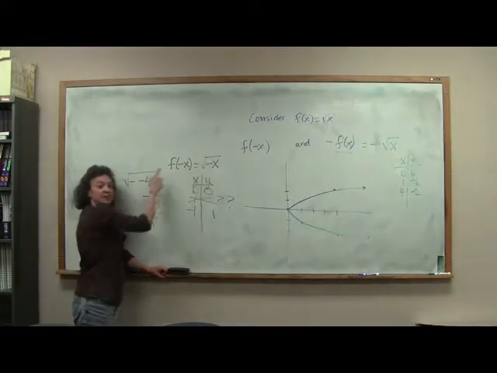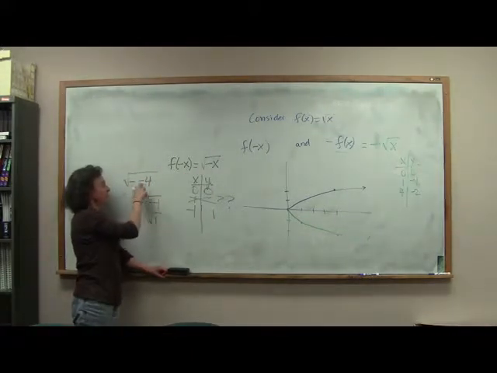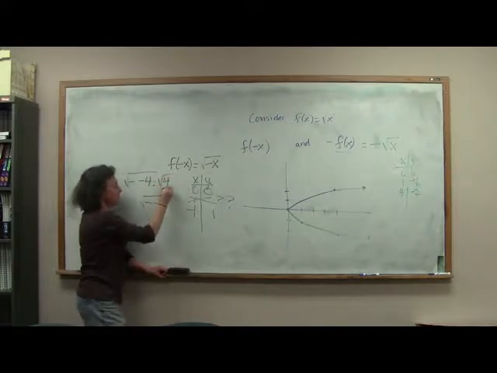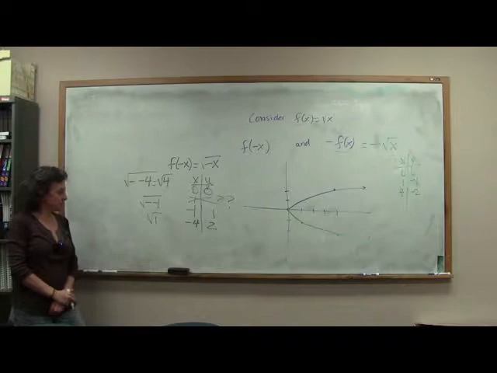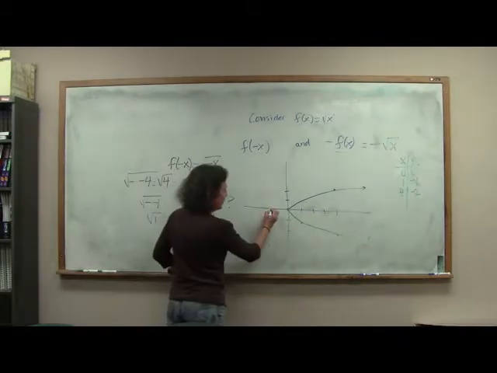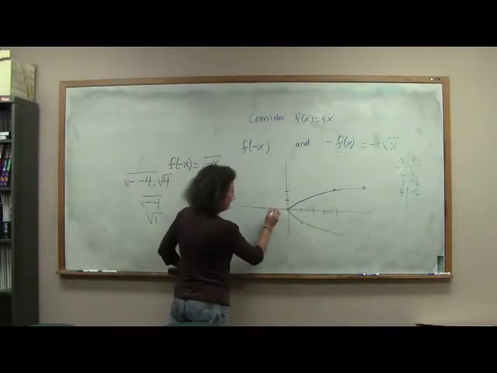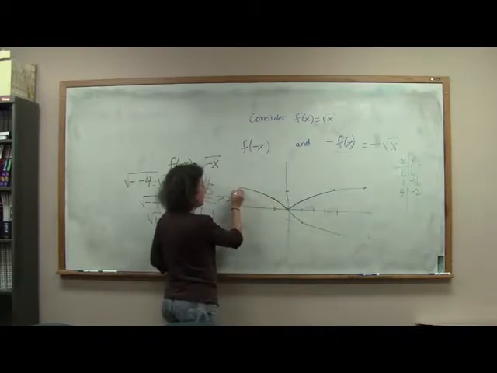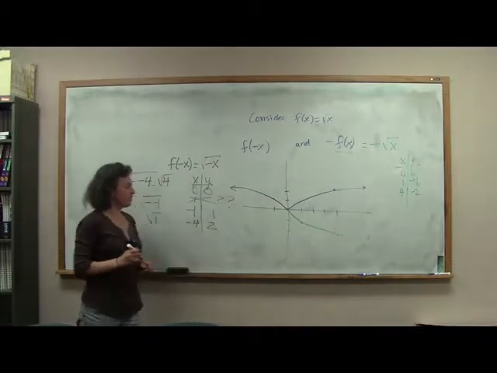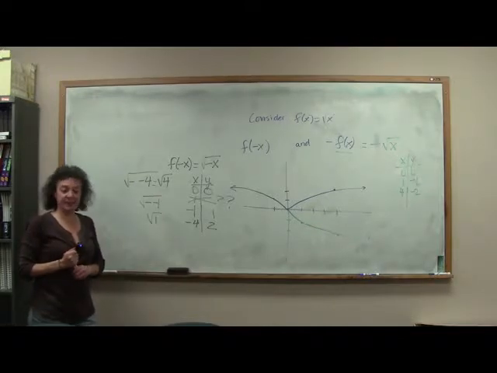Again, I've got this negative sign hanging out in front. Negative times negative is positive, and the square root of 4 is 2. So, what I have over here then is literally a reflection about my y-axis.